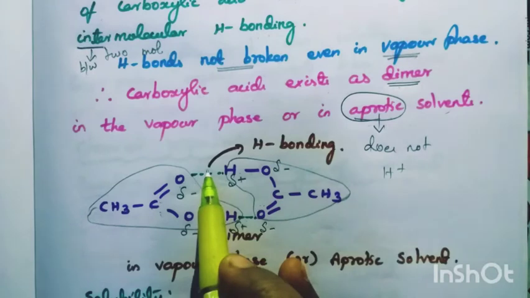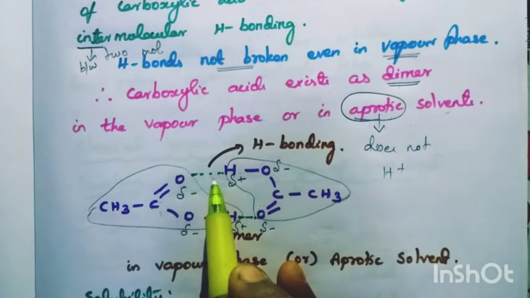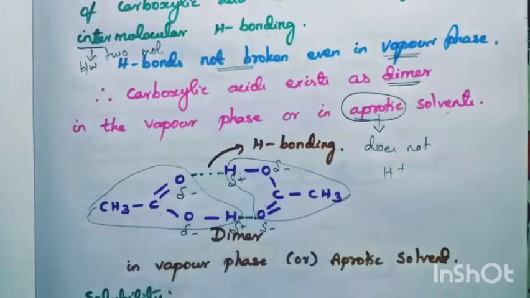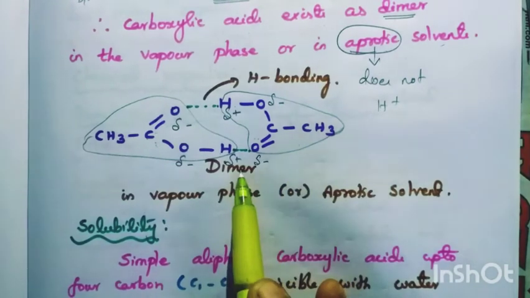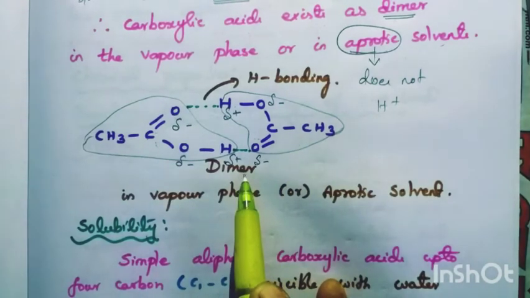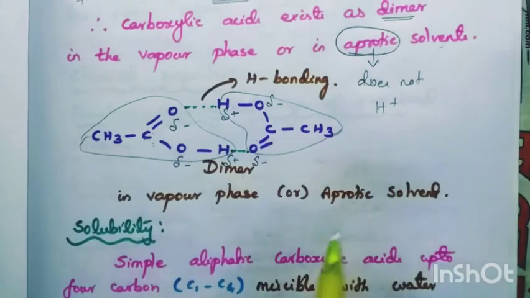This type of force of attraction between positive and negative is a weak force of attraction, called hydrogen bonding. So this shows carboxylic acids exist as a dimer even in the vapor phase or in the aprotic solvent.